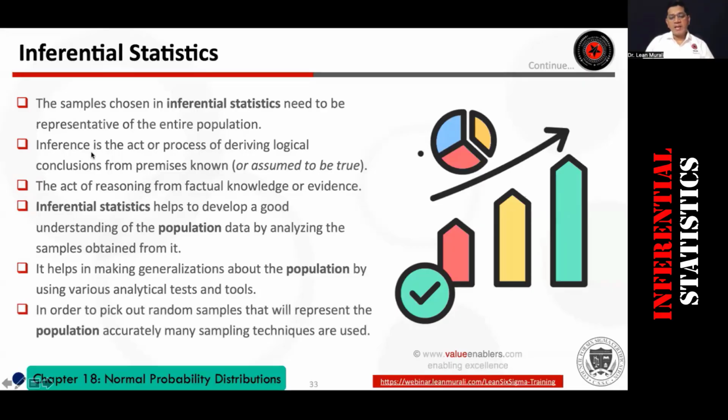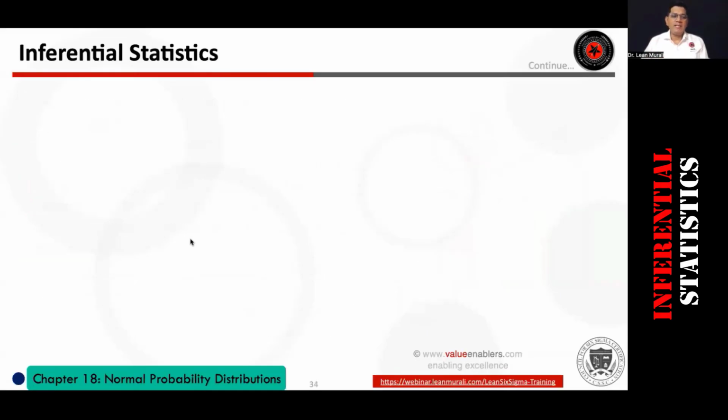In order to pick random samples that will represent the population accurately, many sampling techniques are used. For different ways of inferential statistics and different situations, we have to use different types of sampling techniques. And there are 3 or 4 popular types of sampling techniques.